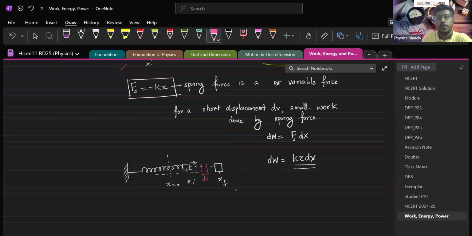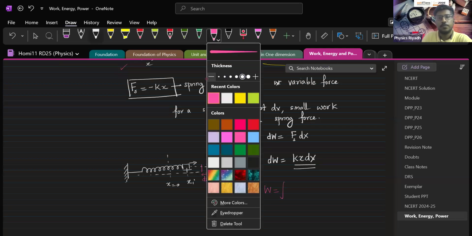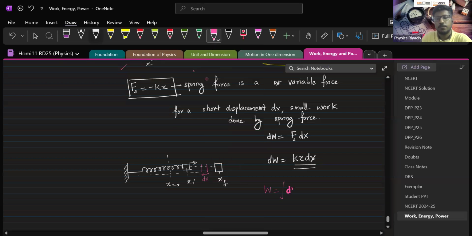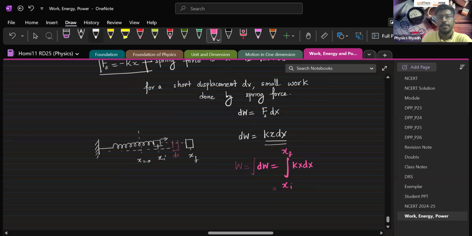So the total work done is equal to the integral of dW, which is equal to integrating kx dx from xi to xf, where xi is the initial position of the block and xf is the final position. We need to calculate the work done by the spring force here. So k is taken outside.